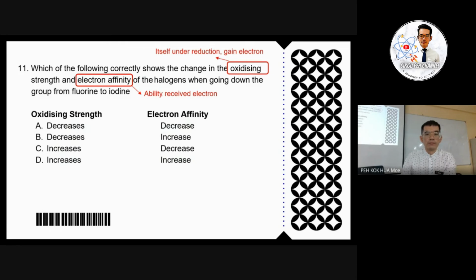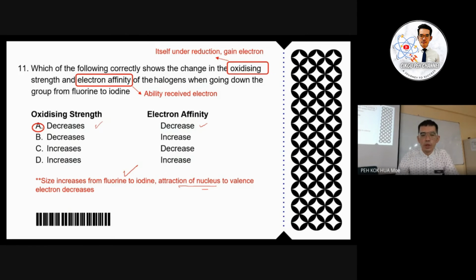Electron affinity refers to the ability to receive electrons, so both mean it is easier to get electrons. Okay, so when size increases from fluorine to iodine, the attraction of the nucleus to valence electrons decreases. So the ability to receive electrons will decrease for both. Okay, so the answer is A.